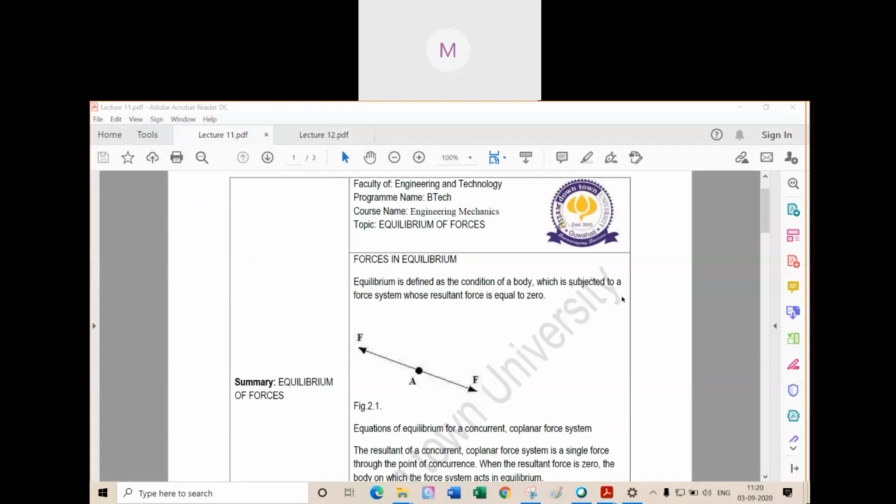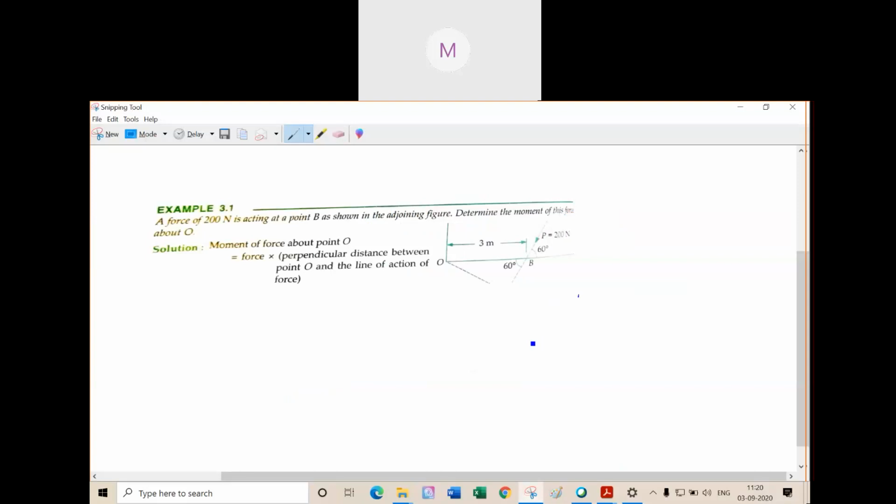Okay. So in the last class we did one numerical. This was the numerical that we did. Here, in the solution, it was given as cos theta.